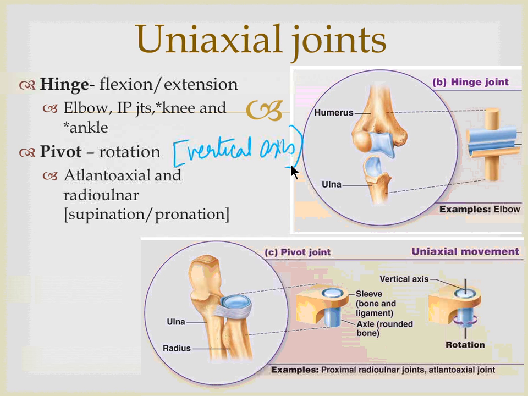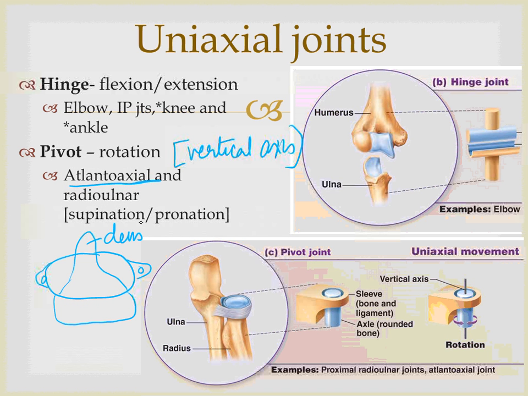The movement is rotation. Examples of the pivot joint are the atlantoaxial joint. This is between the atlas vertebra, the first cervical vertebra, and below that is the second cervical vertebra, called the axis, which has that little process called the dens.